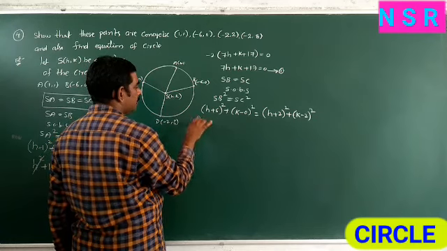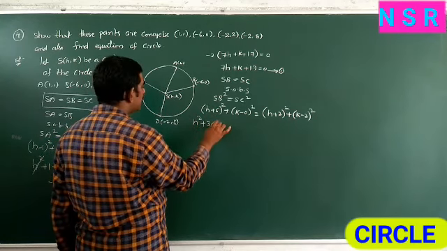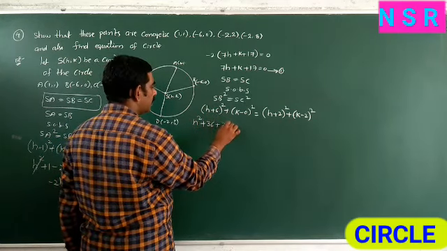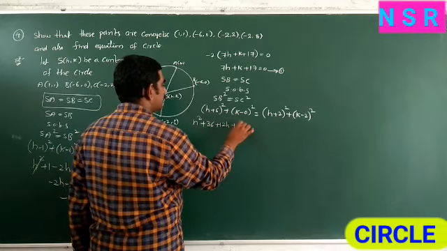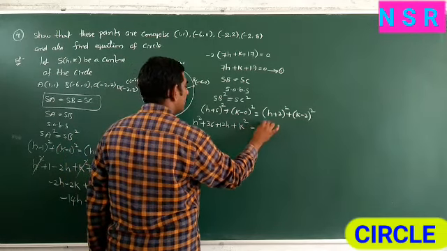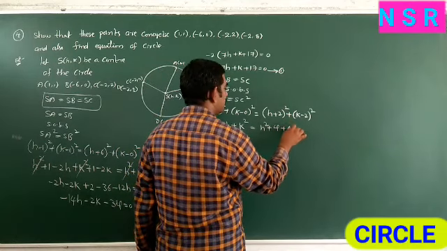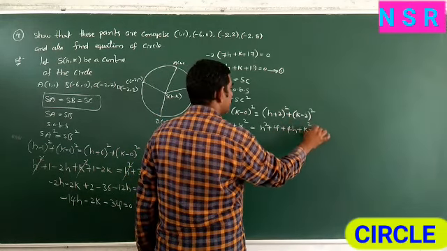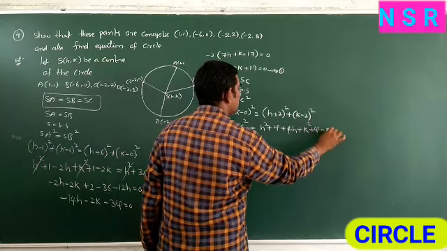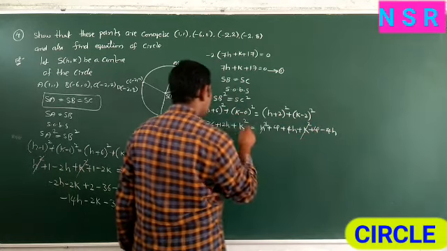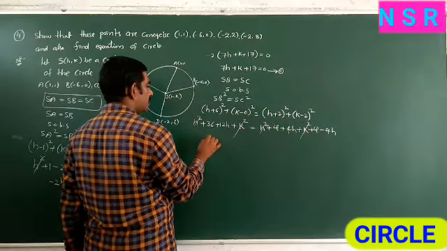So h square plus 6 square, 36, plus 6 twos are 12 into h, 12h. Next (k minus 0) square, k square, equals h square plus 2 square, 4, 2 twos are 4 into h, 4h, plus k square plus 2 square, 4, minus 4k. So here also h square and k square get cancelled.